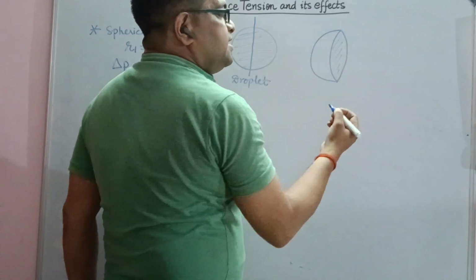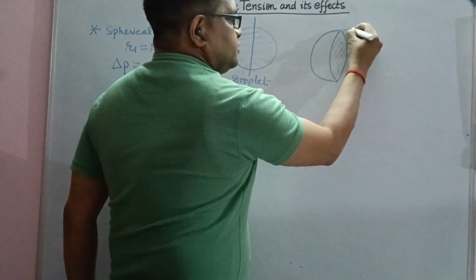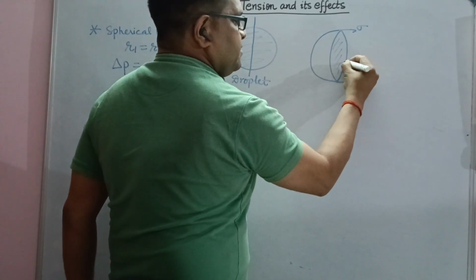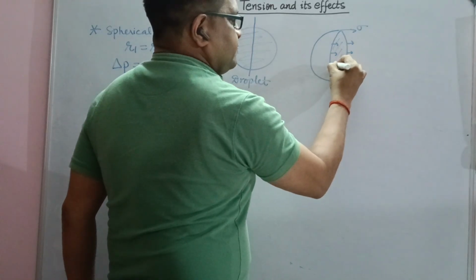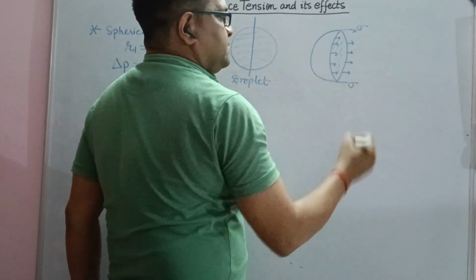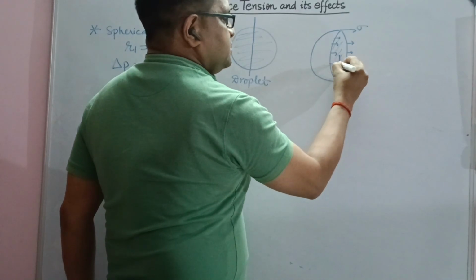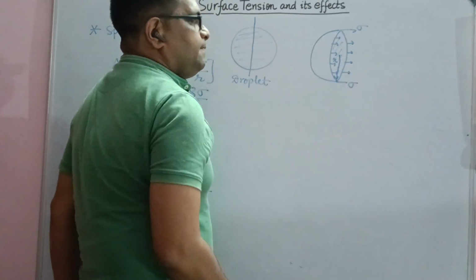Let us say that the coefficient of surface tension for the given liquid is sigma. So there will be sigma force due to surface tension acting along the interface like this. Let us say the radius of the given droplet is R.